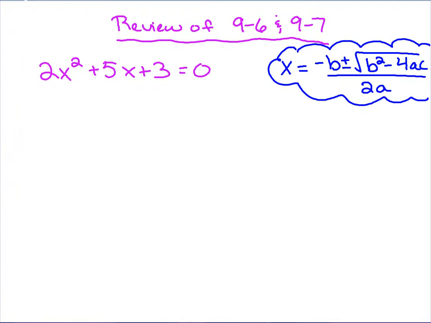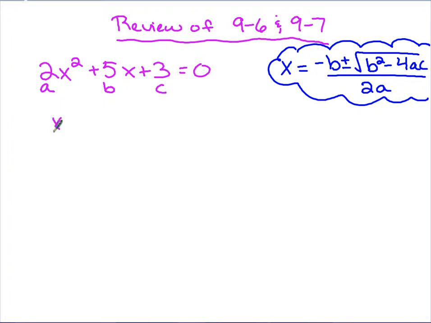All right, so what I do is I come over here and I label A, B, and C. Make sure everybody's hanging out together on one side of the equal sign. The number in front of your x squared is A, the number in front of your x is B, and the number by itself with no variable attached is your C. And it's just a matter of plugging it into this formula over here.